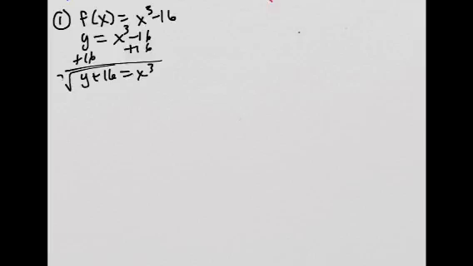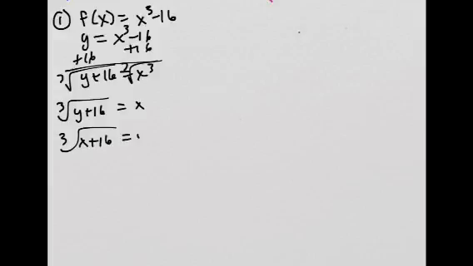Find the cube root of each side. So now cube root of y plus 16 equals x. Switch the x and the y. And so now you write f inverse of x equals cube root of x plus 16. So that one is letter B.